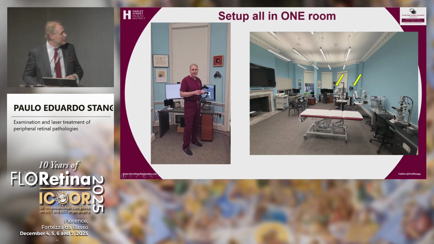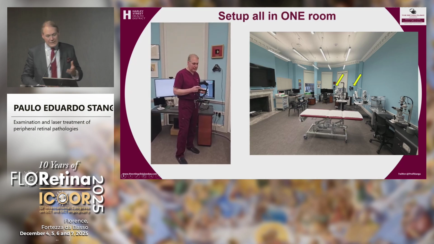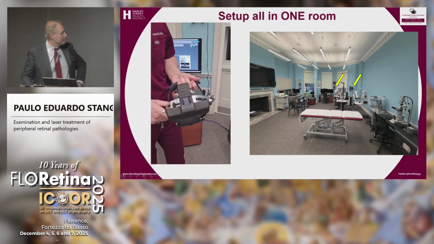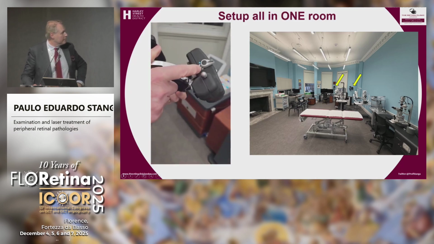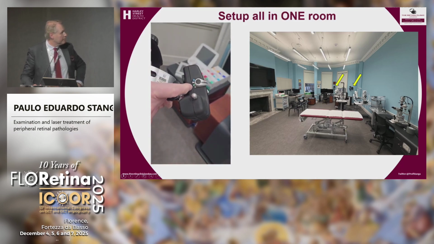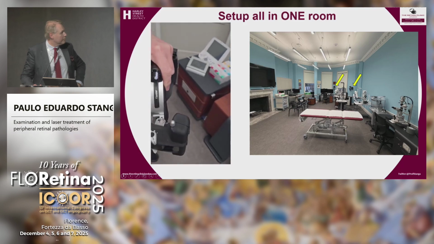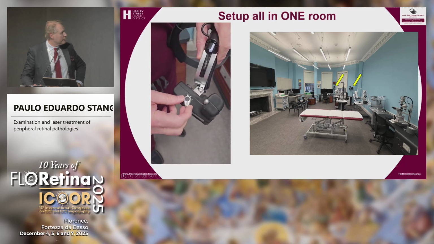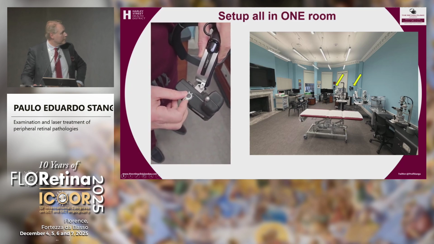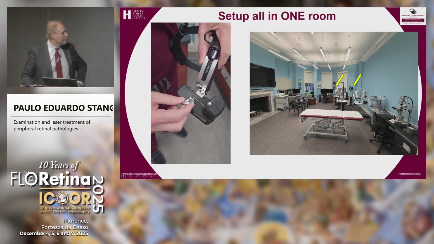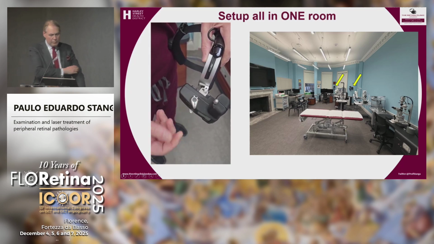A cradle that itself is wall mounted. So this is my office. And it charges the battery pack at the back of the scope. There are a series of filters: blue, white, red-free, and polarized. I tend to use the white light. You can also change the diameter of the light beam from a very small beam, for example, if you are doing indirect ophthalmoscopy through a small pupil, to a large beam.